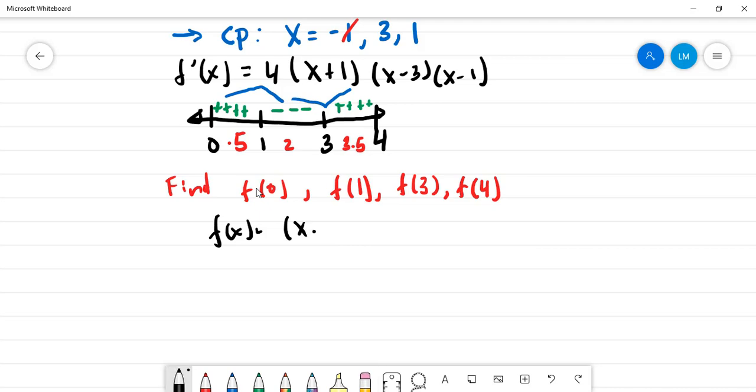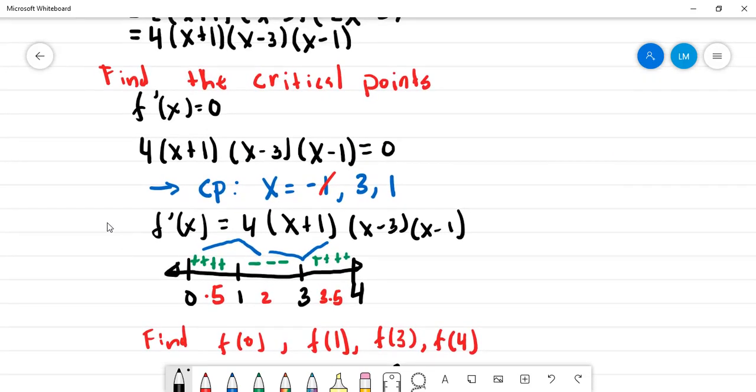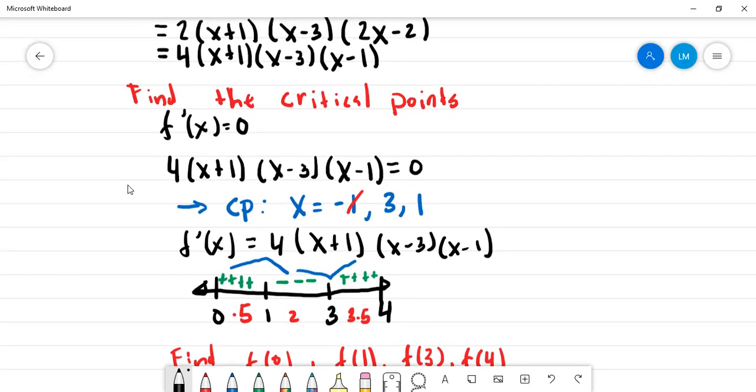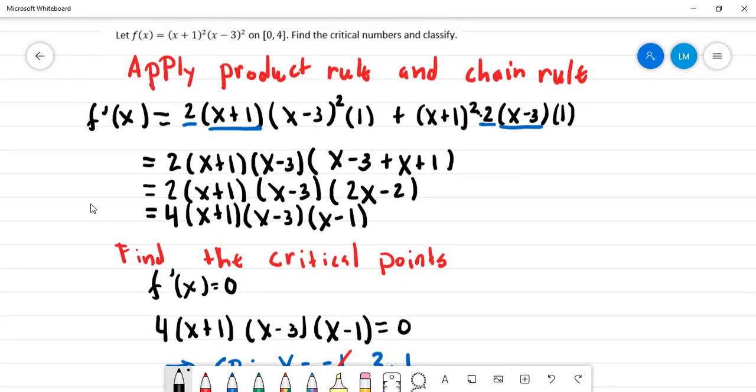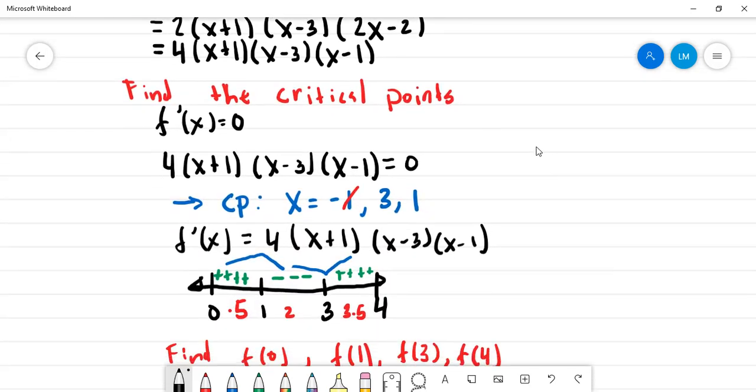We have x minus 3 squared times x plus 1 to the second power. And if we're unsure about that, we can actually just scroll back up. So x plus 1 squared, x minus 3 squared.